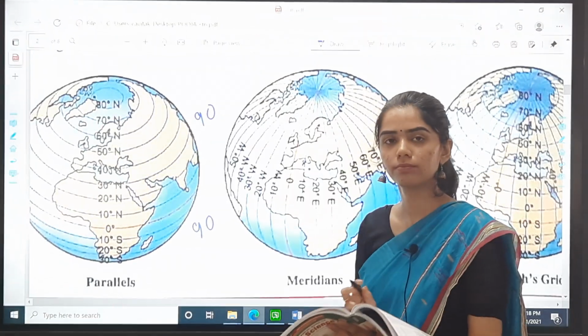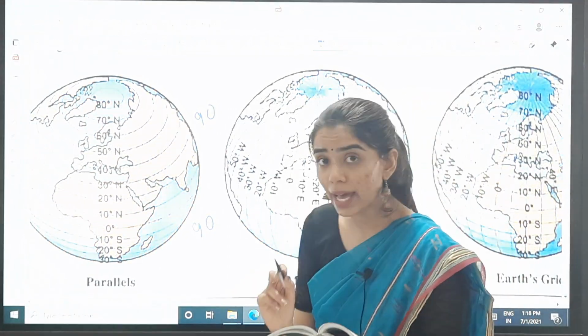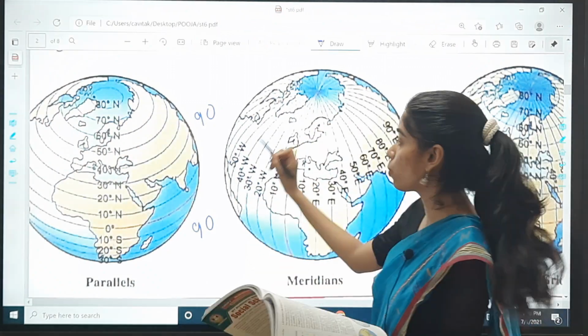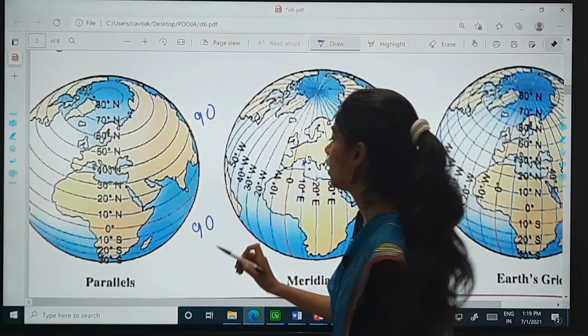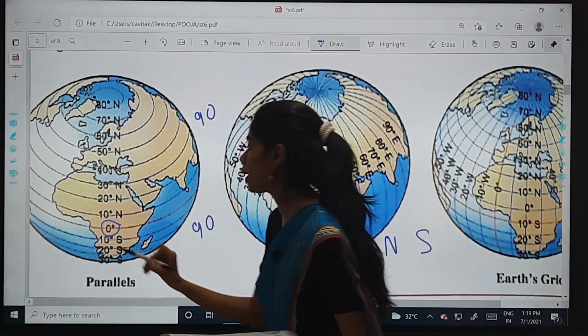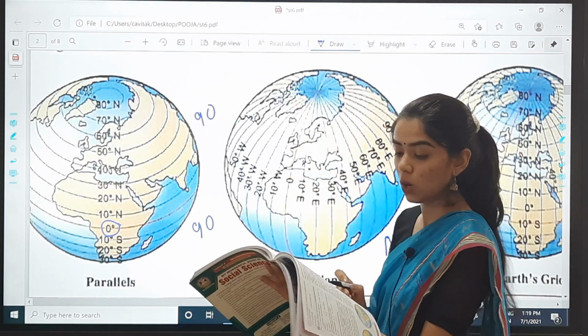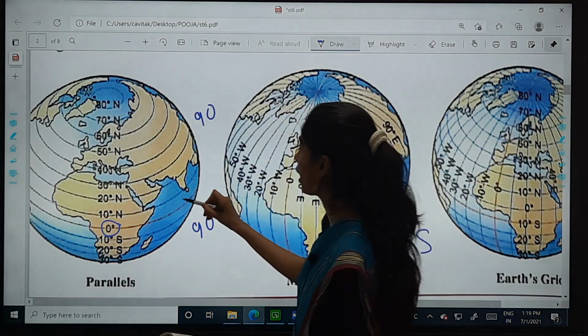If this is our equator, then as we keep going away from it, what is written? That it decreases as one moves away.